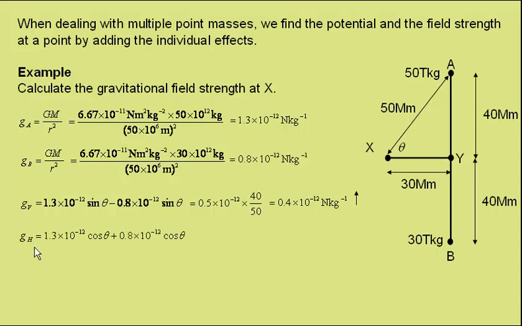So the horizontal component is that due to A multiplied by the cosine of theta plus that due to B multiplied by the cosine of theta. The cosine of theta being 30 megameters over 50 megameters, adjacent over hypotenuse. This gives a magnitude of 1.3 times 10 to the minus 12 newtons per kilogram, and this of course is now to the right.